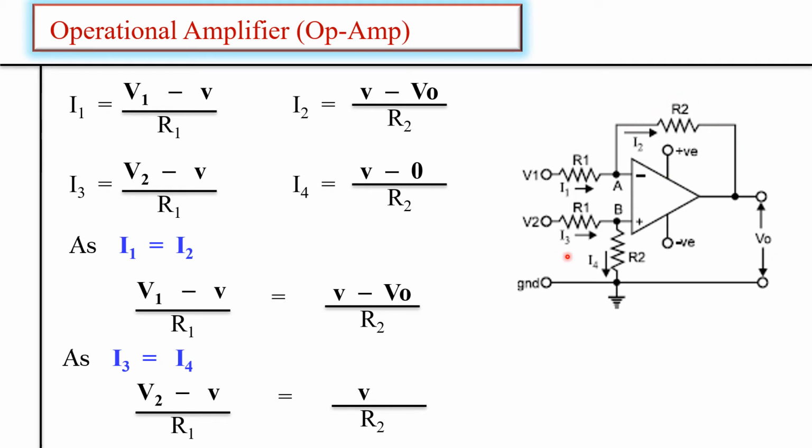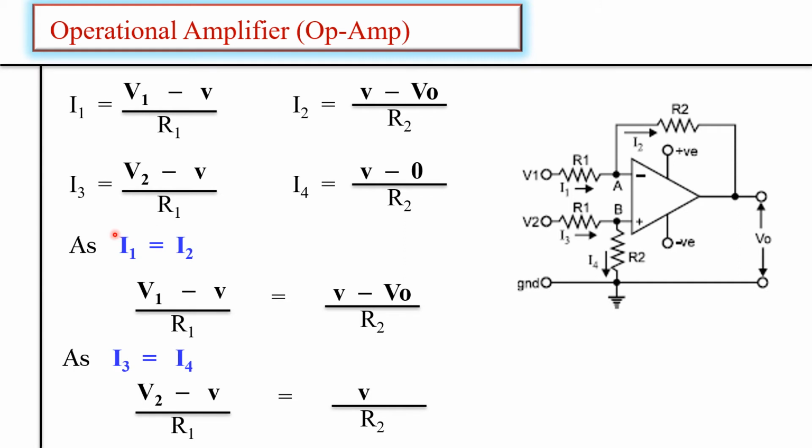Similarly, I3 is equal to the potential difference across the two terminals of resistance R1, that is V2 minus V upon R1. I4 is equal to V, the potential at point B, minus the potential at the other end of resistance R2, which is grounded, so 0. So I4 is equal to V minus 0 upon R2.